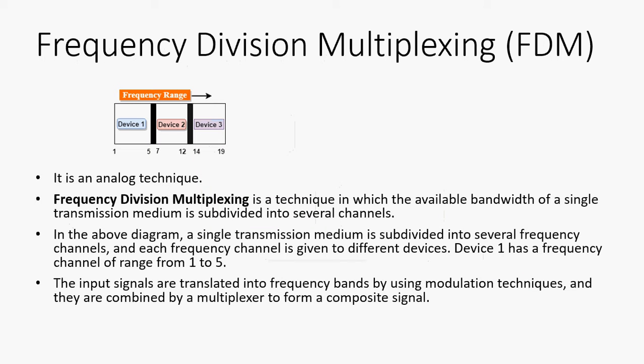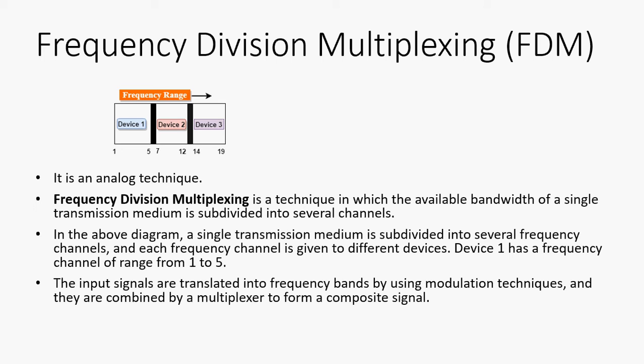First is frequency division multiplexing, or we can call it as FDM. This technique is basically analog technique in which the available bandwidth of a signal transmission medium is subdivided into several channels. In the above diagram, a single transmission medium is subdivided into several frequency channels, and each frequency channel is given to different devices. Device 1 has a frequency channel of range from 1 to 5.